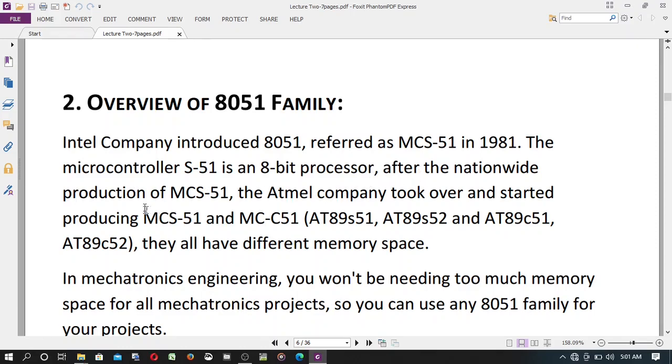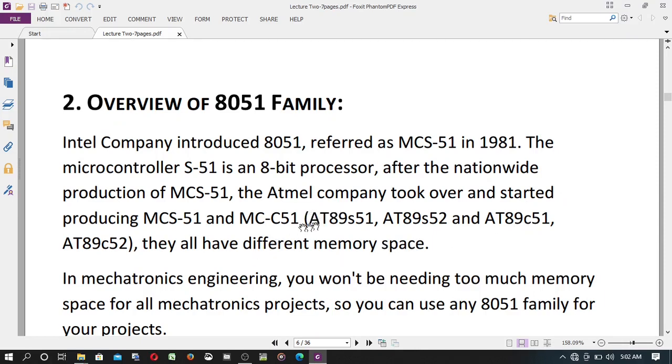After the nationwide production of the MCS51, the Atmel company took over and started producing the MCS51 and MC51 series. The MC51 series and the MCS51 series comprise the 89S51, 89S52, 89C51, and 89C52.